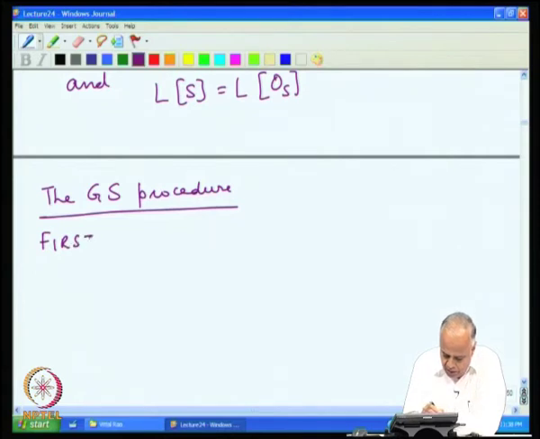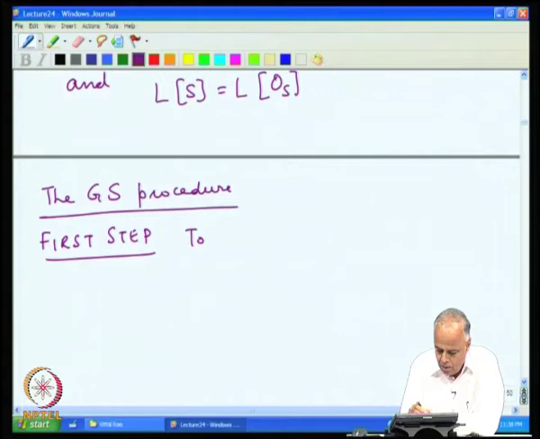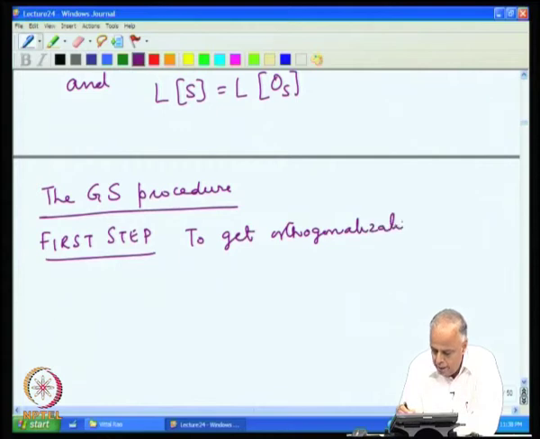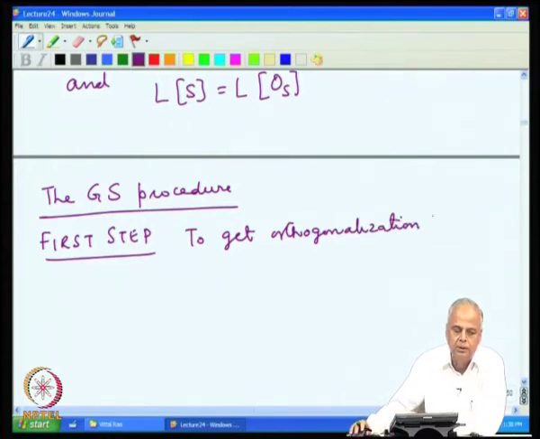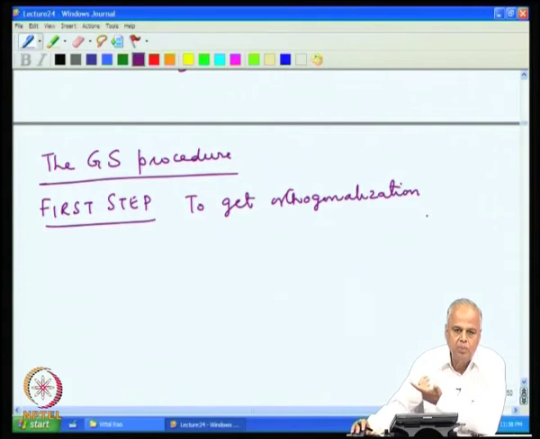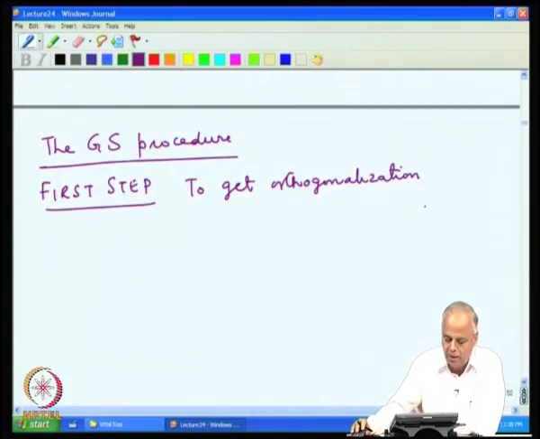The first stage is to get orthogonalization, and then once we get orthogonalization, the next step will be to do normalization by just dividing by the length.